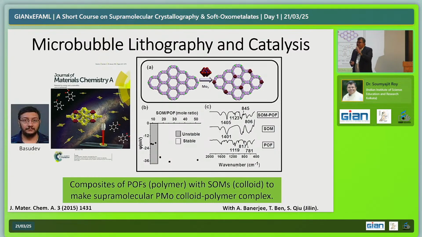If you shake them, it becomes a little bit turbid. But if you take silica nanoparticles, SiO2 nanoparticles, and this is a famous method known as Stöber's method of synthesis, which is with TEOS, tetraethyl orthosilicate, you get a turbid solution. There is no question of settling down whatsoever, right?